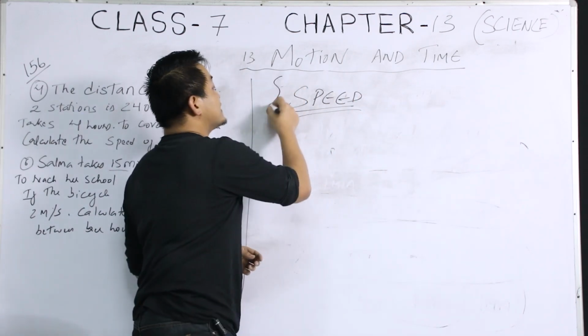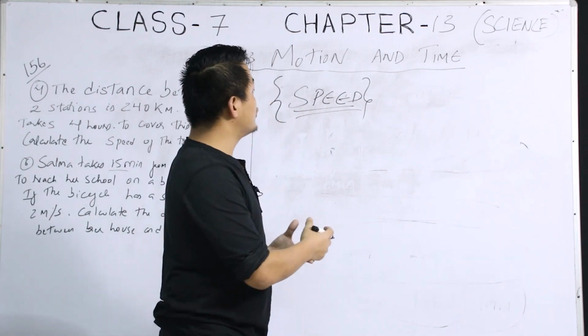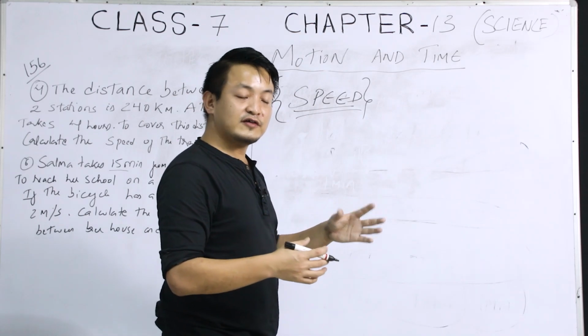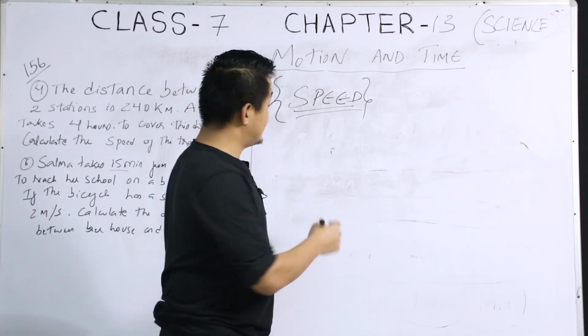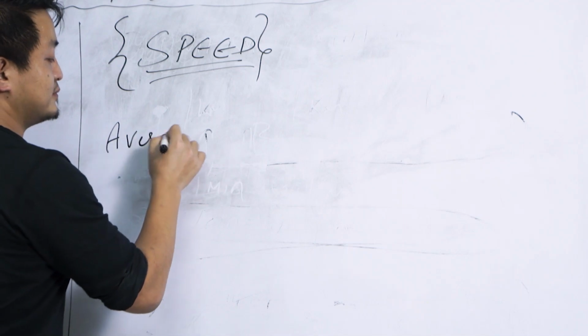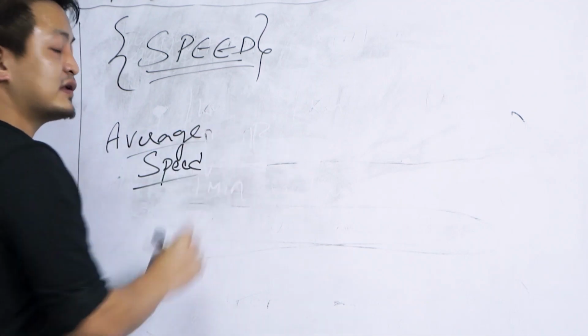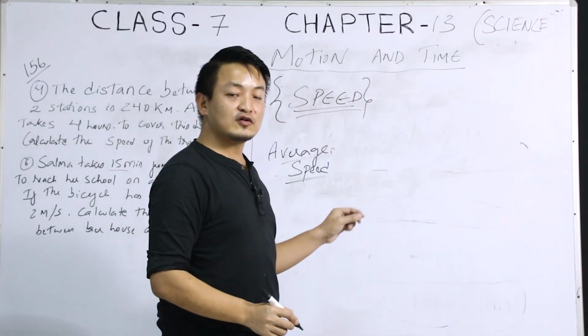But in real life, if you want to calculate the speed of the bus from your house to the school, then we have to calculate the average speed, since we are not covering equal distance in equal interval of time.